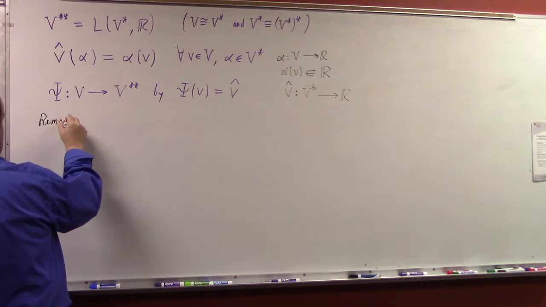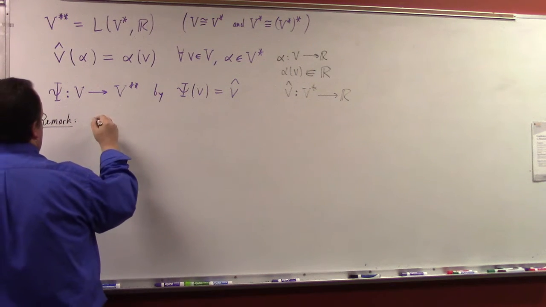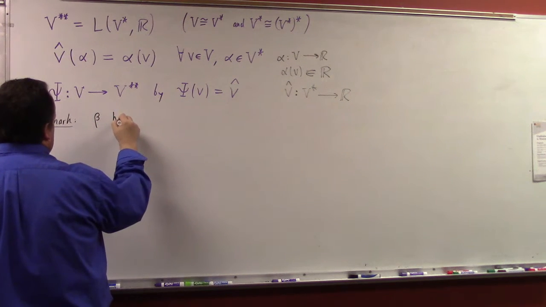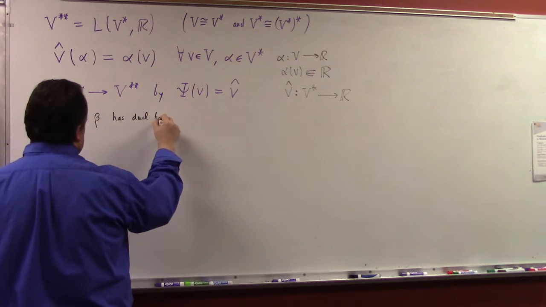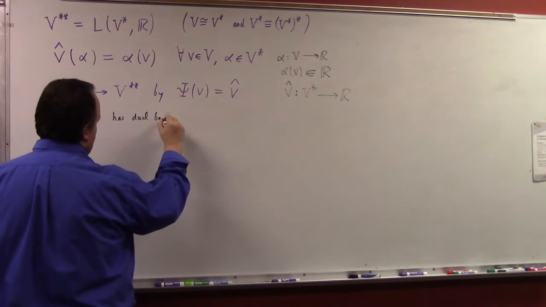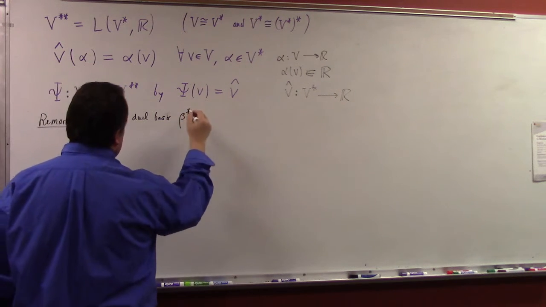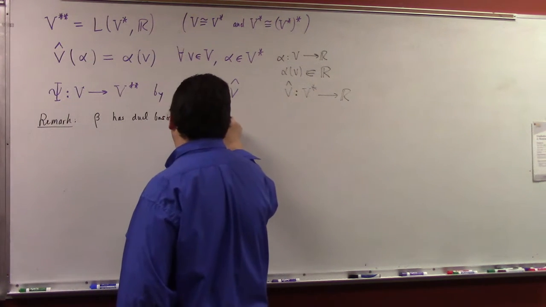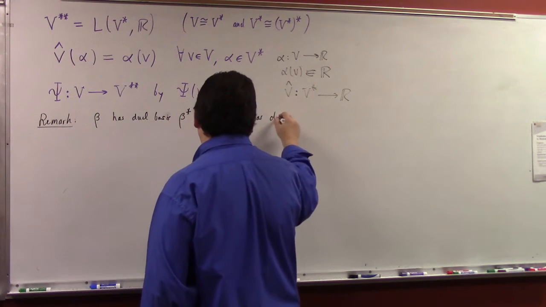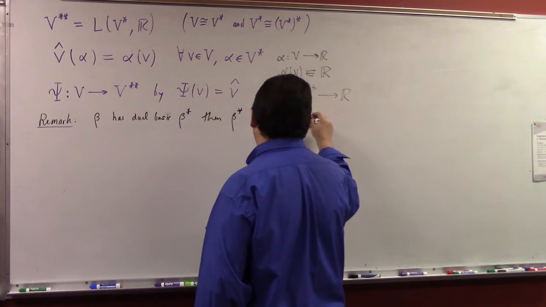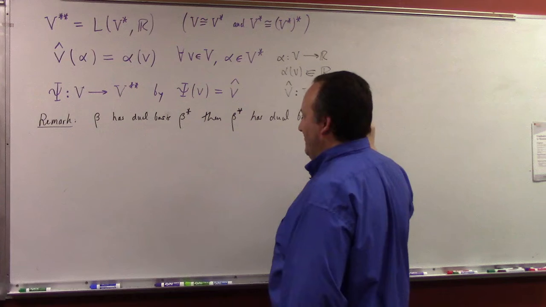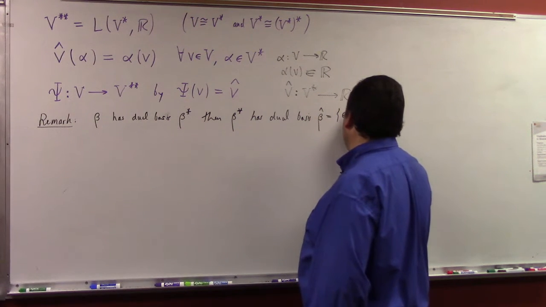I don't know if I thought about this before, but it occurs to me now that if we talk about beta having dual basis beta dual, then beta dual has a dual basis. I'm going to call it beta hat, right? Because I bet you that it's this.